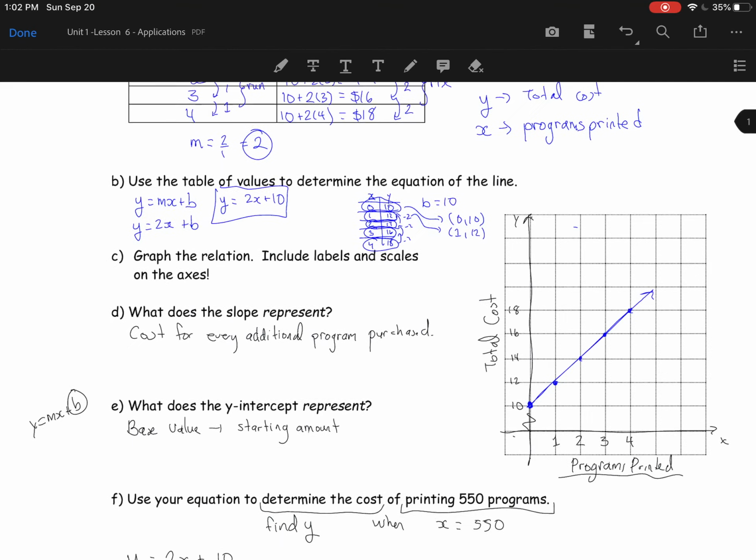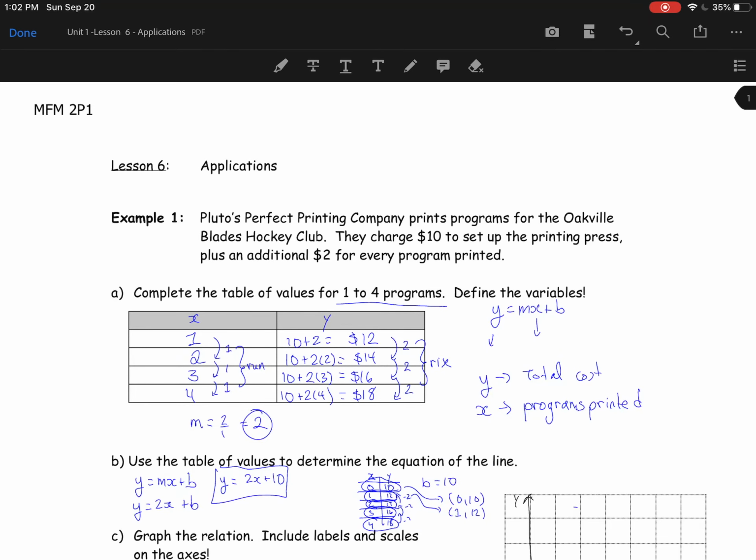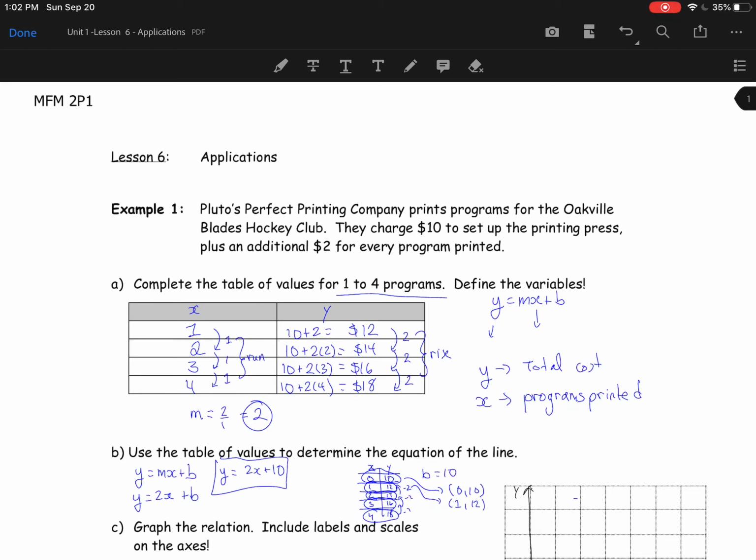So now that was a lot. Let's slow it down and go over this one more time before you start. When you have a word problem, like Pluto's Perfect Printing Company, in every word problem this unit, there will be a base value, which in this question is the $10 that they charge to set up. That 10 is always our base value. So our b equaled 10 right off the bat.